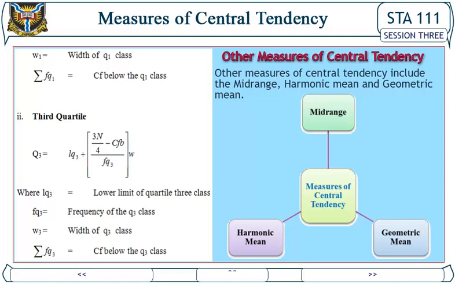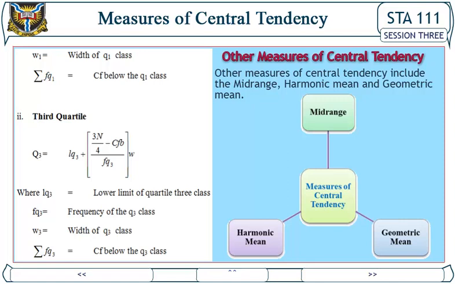Third quartile, Q3 is equal to, where lQ3 is equal to lower limit of quartile 3 class, fQ3 is equal to frequency of the Q3 class, W3 is equal to width of Q3 class, summation fQ3 is equal to CF below the Q3 class.